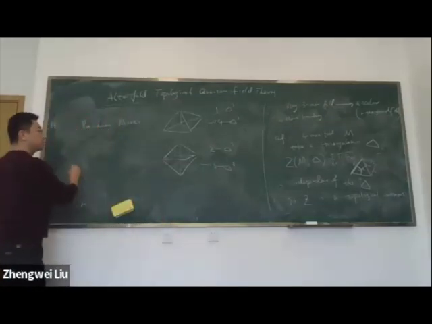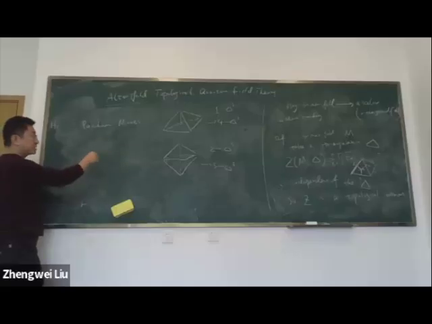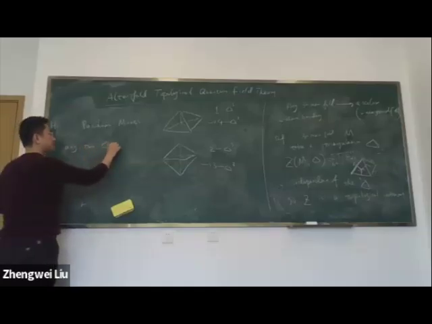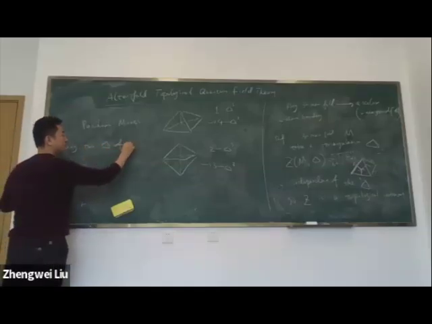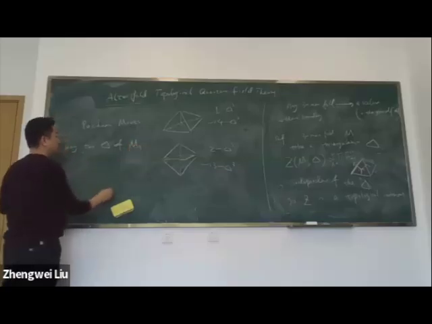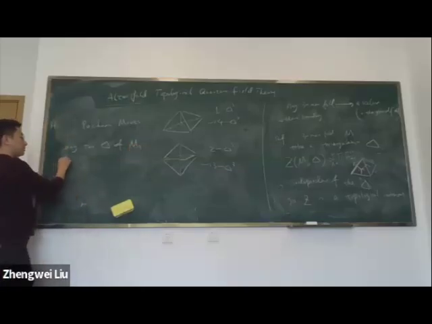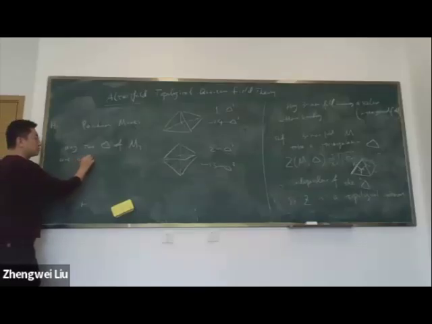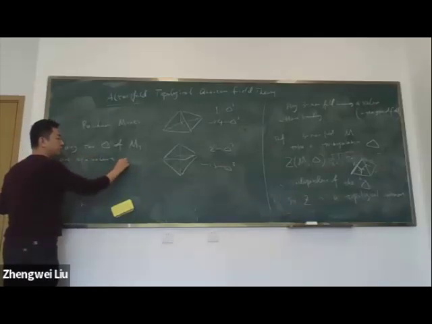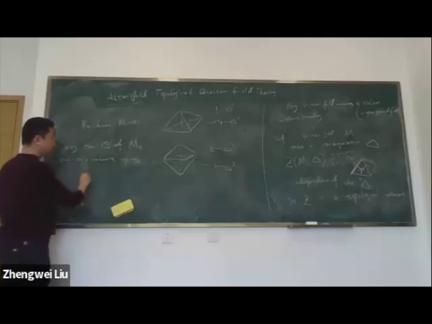And then the standard result is that any two triangulations of the three manifolds are equivalent up to these Pachner moves.